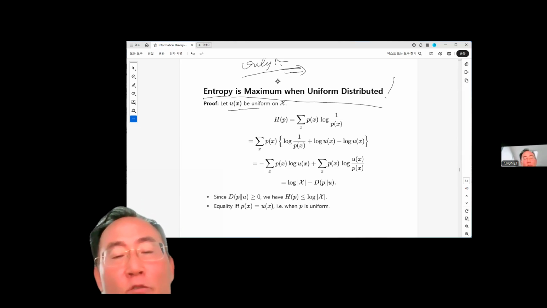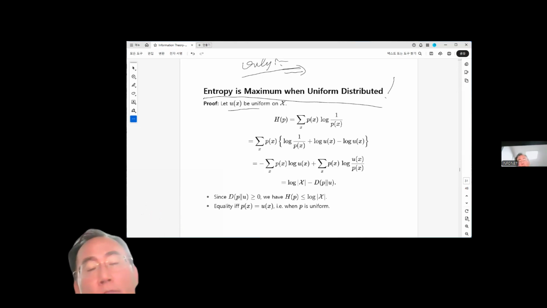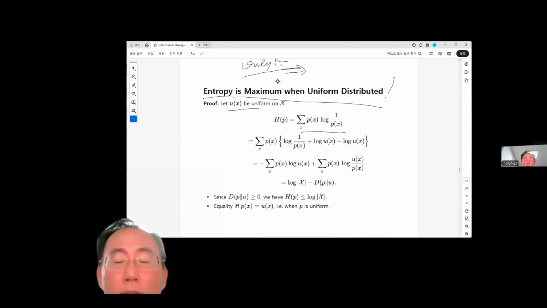Let U_X be uniform on X. You know what I mean by that now. So H(P) is equal to that, and then that one is right here.